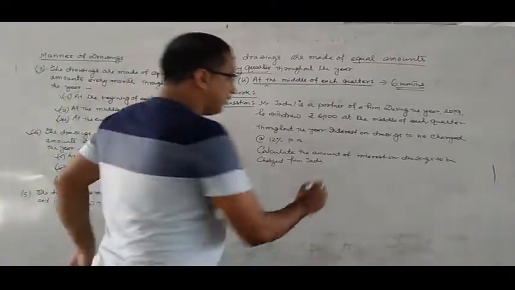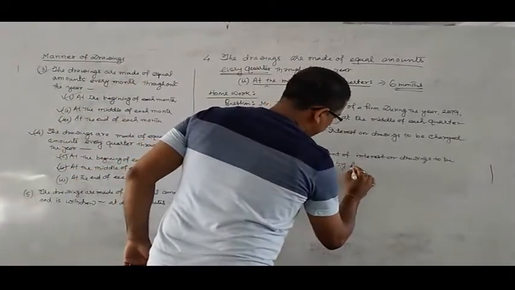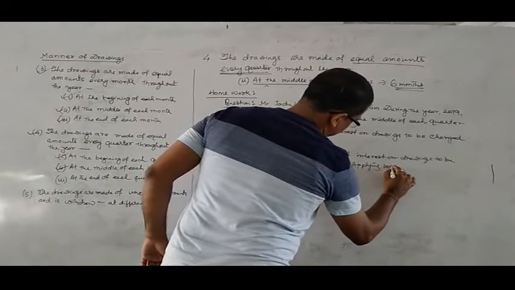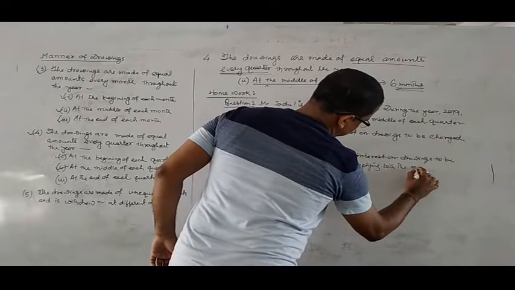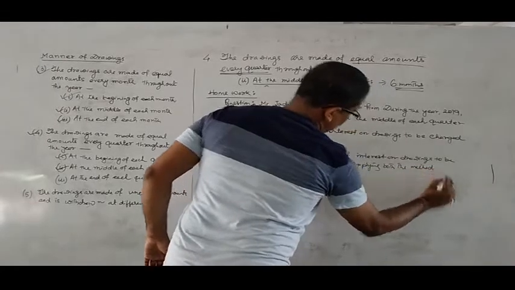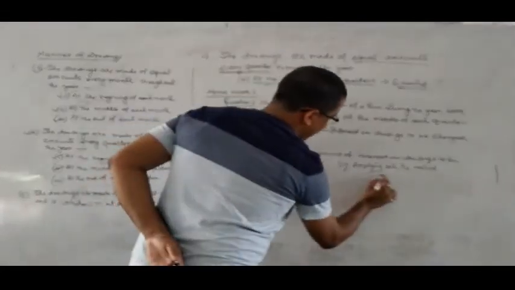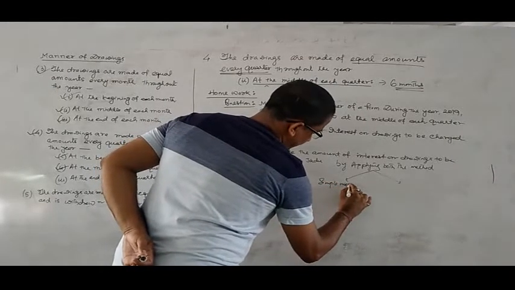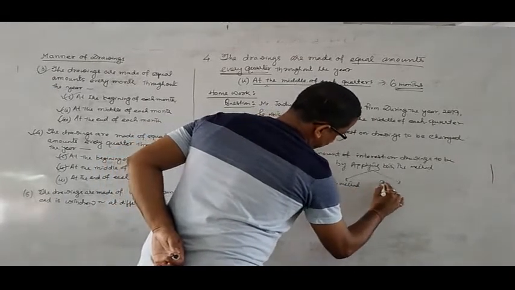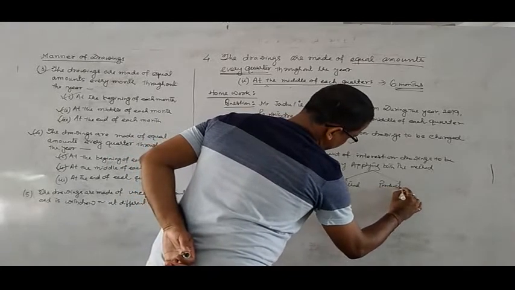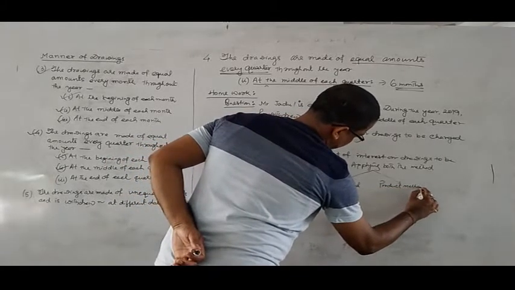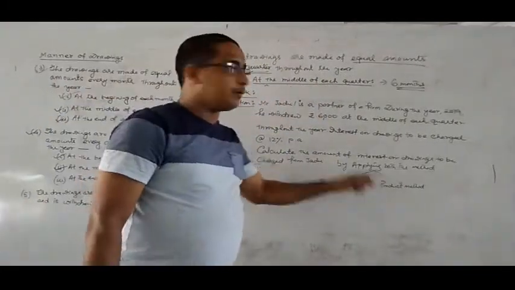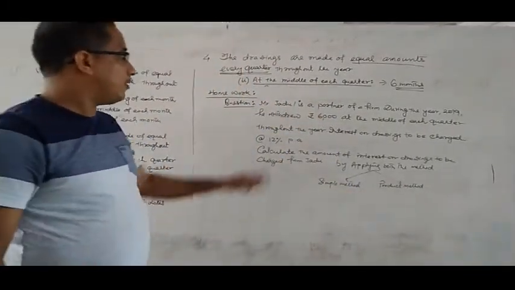You have to solve it by applying both the methods. Both the methods means the simple method and the other method. With both the methods you have to solve it. This is a homework for you.